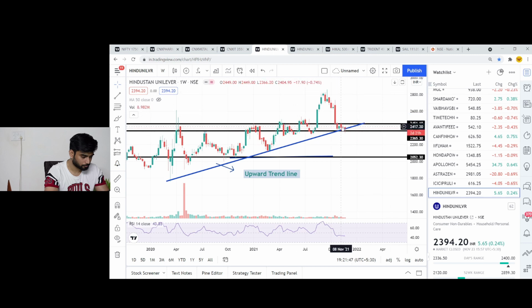But the current price is looking like a great risk reward. If it reaches here, a great return of around 12%, and multiple times you can see Hindustan Unilever has given a bullish move from this trend line, and the same is what we are expecting. So you can watch this particular share above 2450.